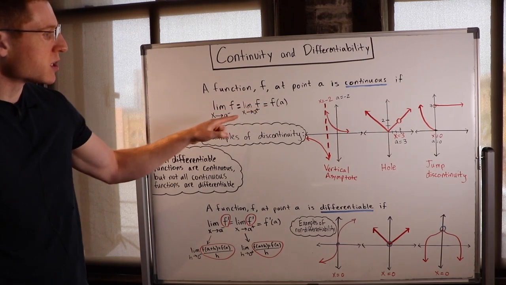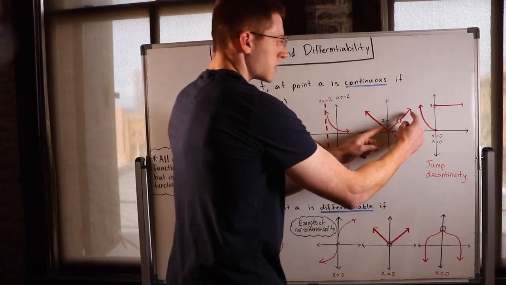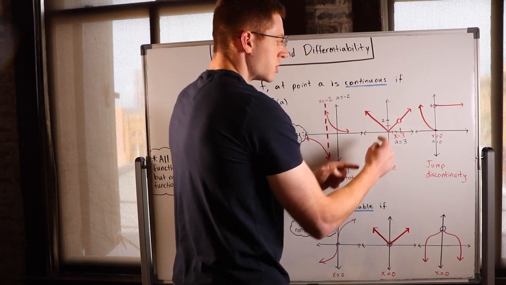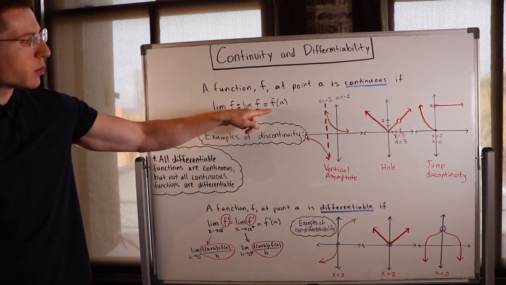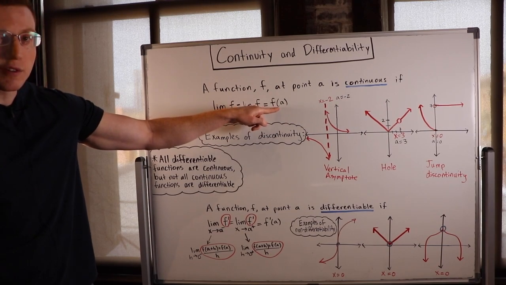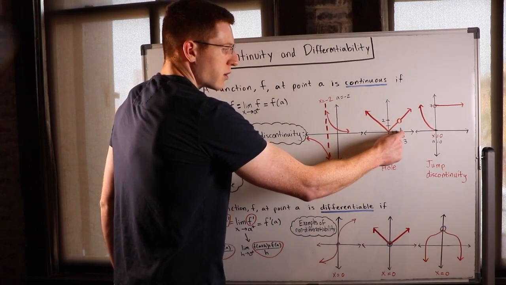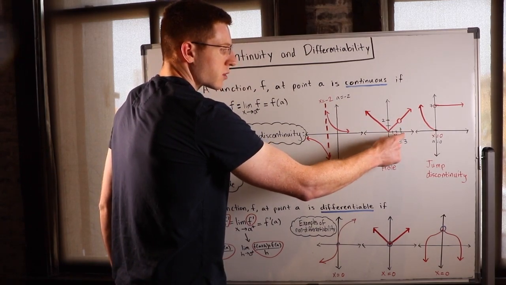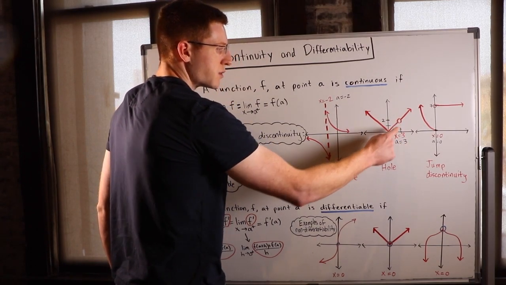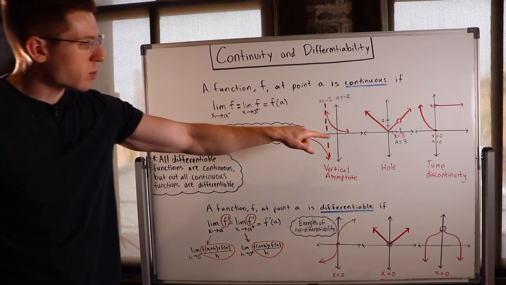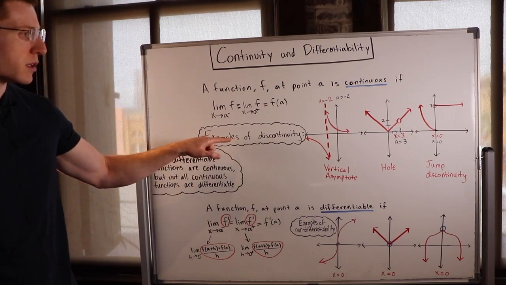But we also have to make sure that this value here, and it turns out to be 2, that's where they meet at y equals 2, is equal to the value of f at point a. Well, look, we have a hole. So the value of this function at 3 is not defined. So this rule is broken. That's why a hole is an example of a discontinuity.